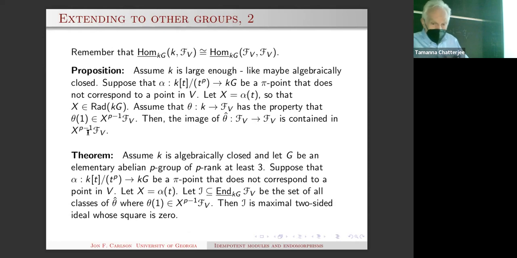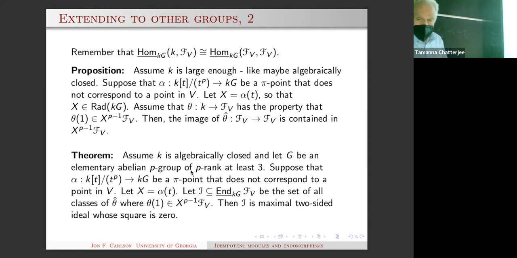And so the theorem that we get out of this: K algebraically closed, we want it to be big at any rate. G be an elementary abelian group of rank at least 3, and we suppose that alpha is a pi point that does not correspond to a point in V. You let x be this x alpha.